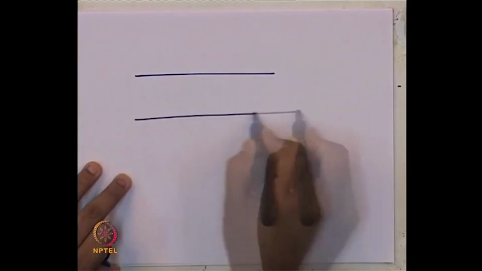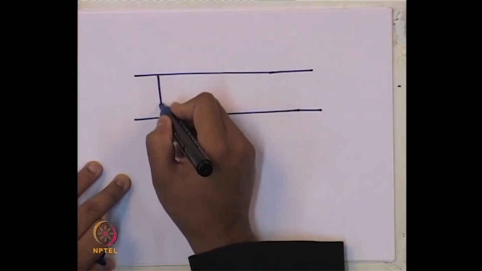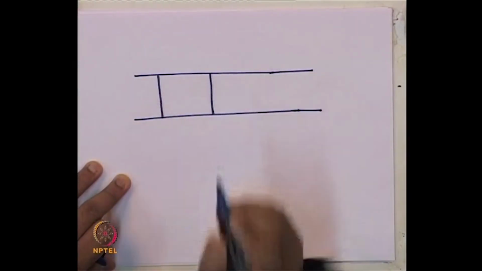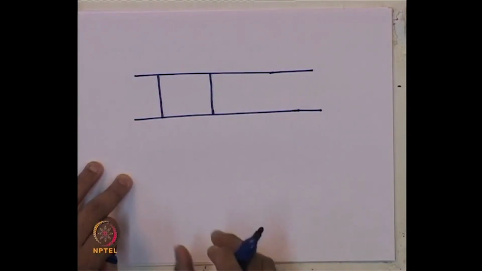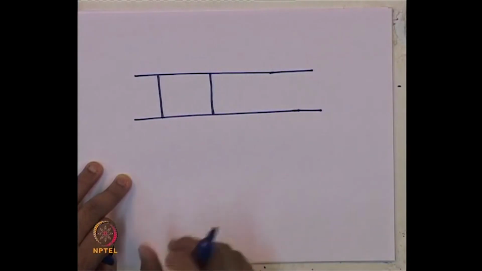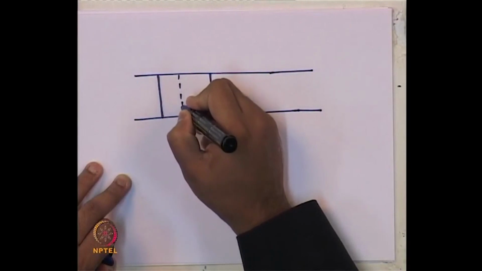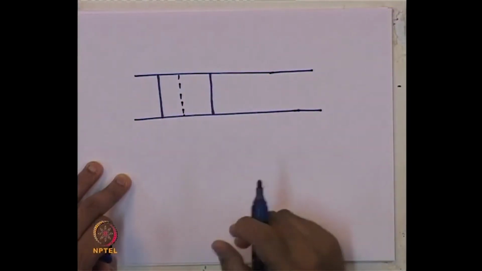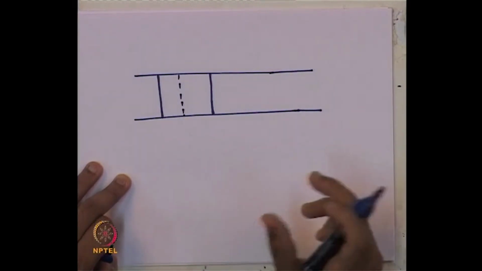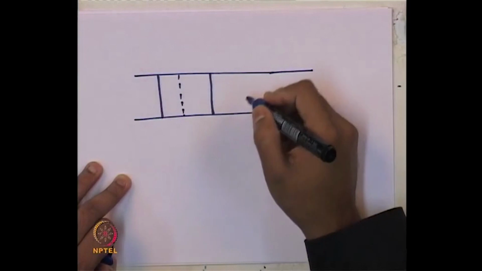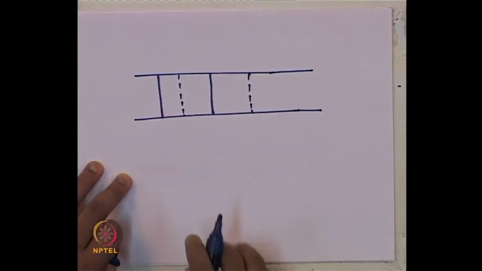Let us see. Let us exaggerate the figure. So, the initial position of the particle when the wave is traveling, let us say, was here, of length dx, and the final position, after a time, because we are considering the wave traveling with respect to time, is given by these dotted lines.